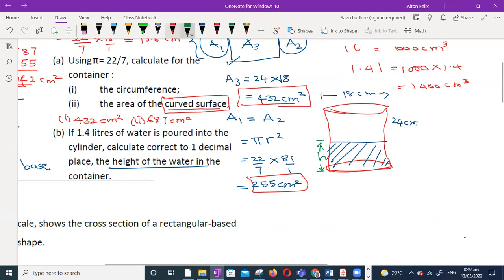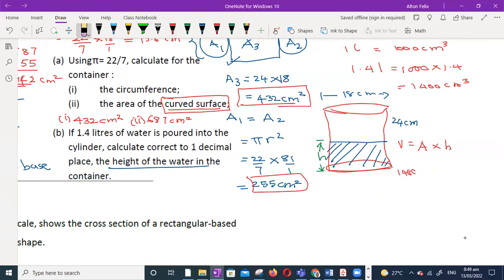Now the relationship, let's look at the relationship between volume, height, and area. So where a cylinder is concerned, the volume is equal to the base area multiplied by the height. Now we have the volume, which is 1,400 cubic centimeters. All right, so let's take out the dimensions here so we won't get confused.